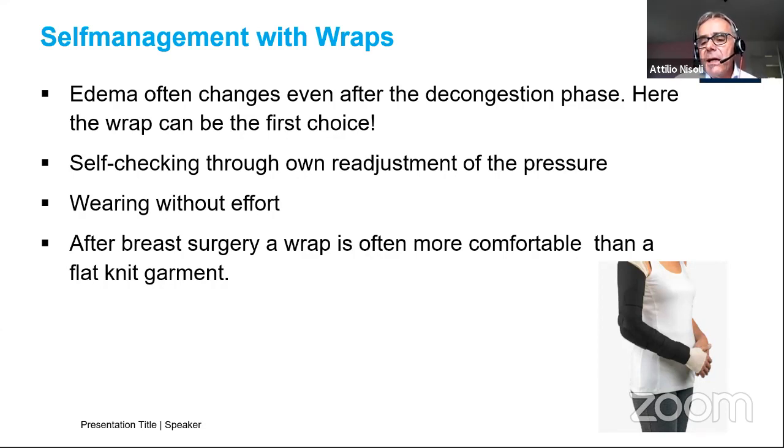With the inelastic wraps, it's much easier for them because applying is, as we have seen before, just sliding in, because then there is no compression at all. And afterwards, they adjust all the straps and adjust the compression pressure. So this makes it quite easy for these women.